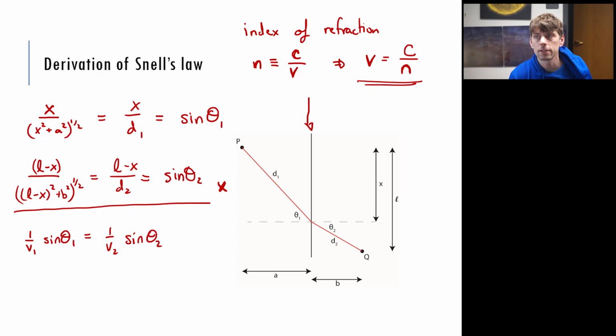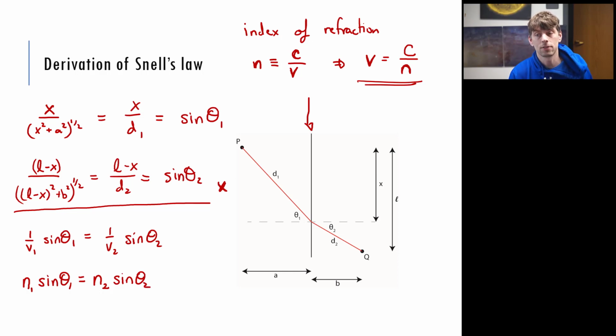I'm going to take this expression and substitute it in. And so what you get at the end of the day is the index of refraction for material 1, sine of theta 1, equals the index of refraction for material 2, sine of theta 2.